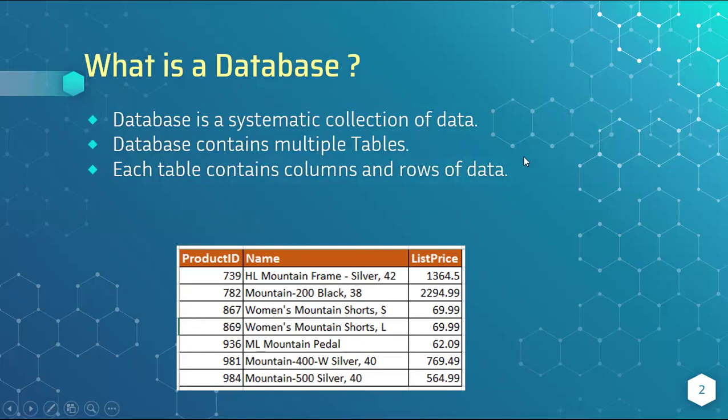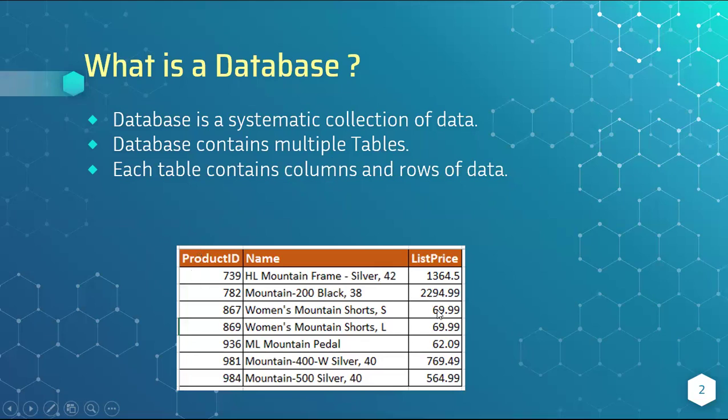Any type of data, based on the use of a database system, the software interacts with the user. So, a database contains multiple tables. Each table contains columns and rows of data.